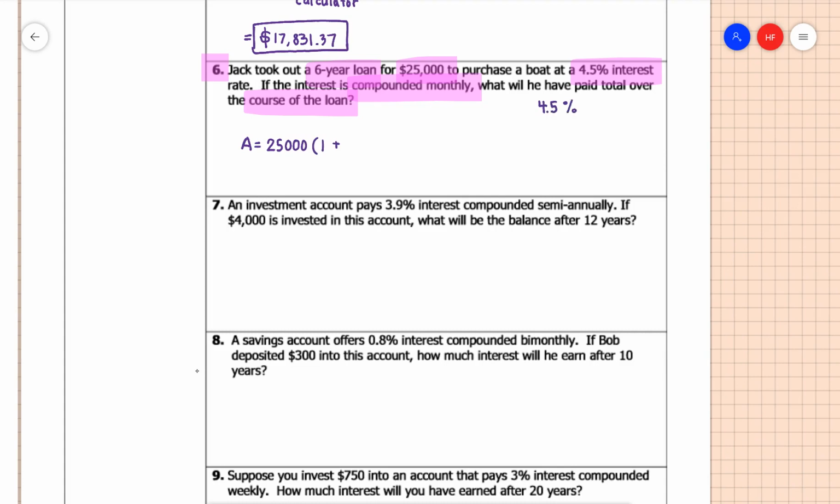So we're going to move it to a decimal by moving the decimal twice. So we've got 0.045 over the number of times it is compounded in a year. It's compounded monthly, and there are 12 months in a year, to the power of n, which is 12, times the number of years. So it says for the course of the loan, and the loan is a 6-year loan, so 12 times 6 is my exponent.